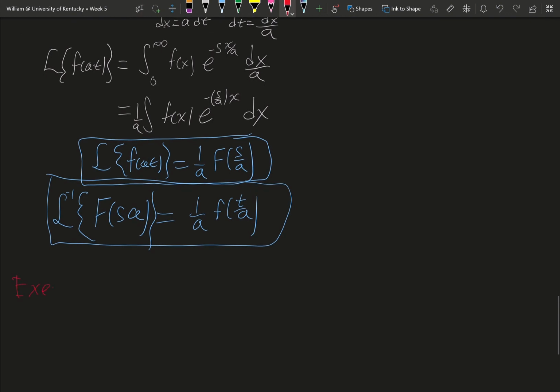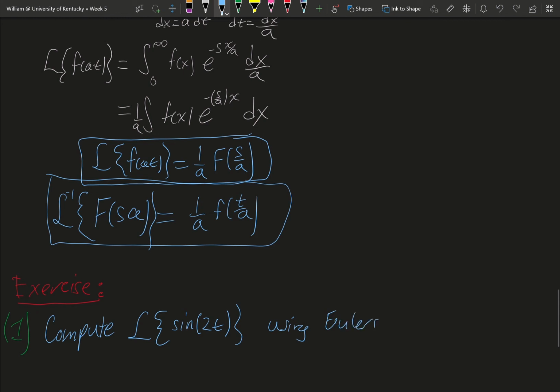So I'm just going to leave you with an exercise. Or two of them. For the first one, use Euler's formula for this.